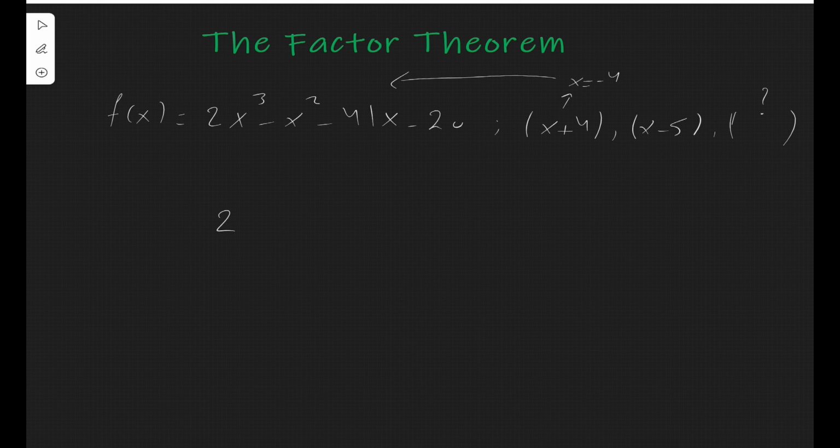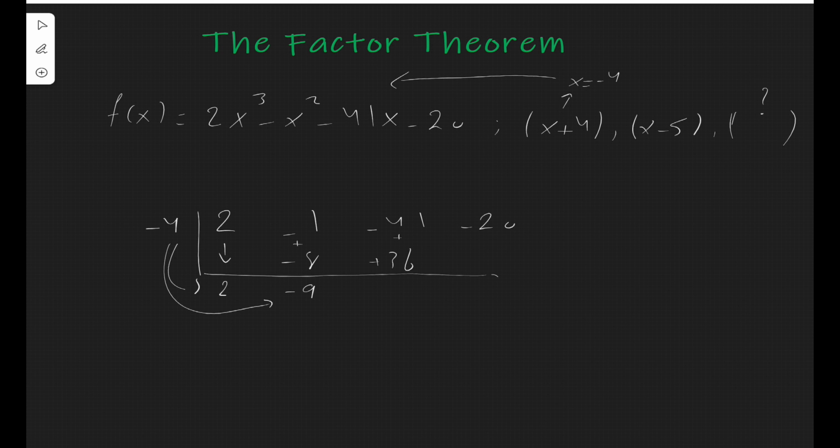The coefficients are 1, negative 1, negative 41, and negative 20, and the number is negative 4, as we mentioned earlier. 1, bring it down the same, multiply, negative 4 times 1, negative 4, you add them, negative 5, you multiply again, positive 20, when you add them you get negative 21... you multiply again you get positive 20, when you add them you get 0.